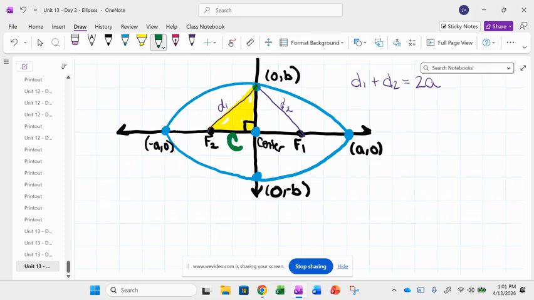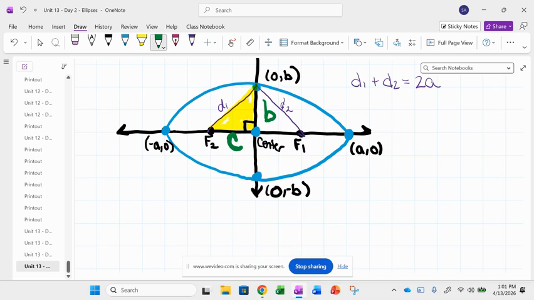Now we're using this yellow triangle, this right triangle, and we're going to derive the formula. So you don't really have to pay attention to this if you don't want to. You could just say, let me just know what the formula I need to memorize is, and you could turn off your brains right now. But if you want to see how it's derived, I'm going to show you. So we know from our center, the origin 0, 0, to the point 0, b is b units.